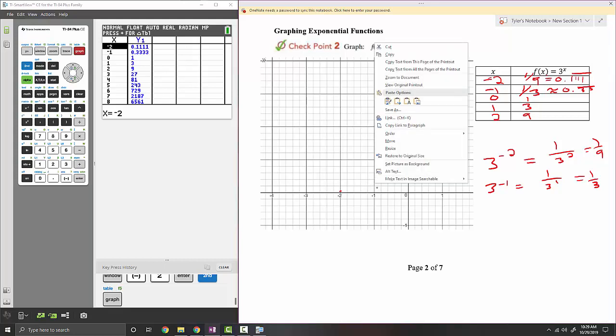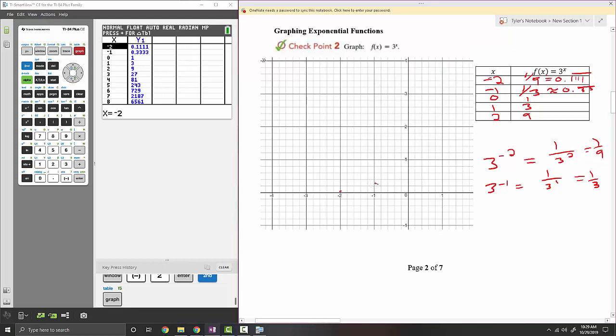Just want to put a dot here. There. And then we have 0, 1. We can plot that point. Sorry, doesn't like when I hold down too much. And then 1, 3. Right? And then since we know kind of the overall shape, we can connect the dots, right, and get this graph.